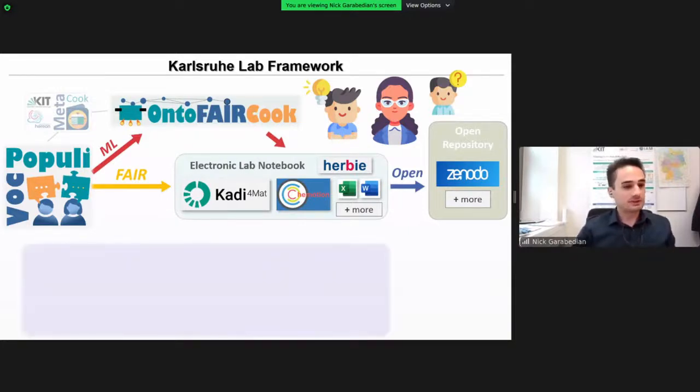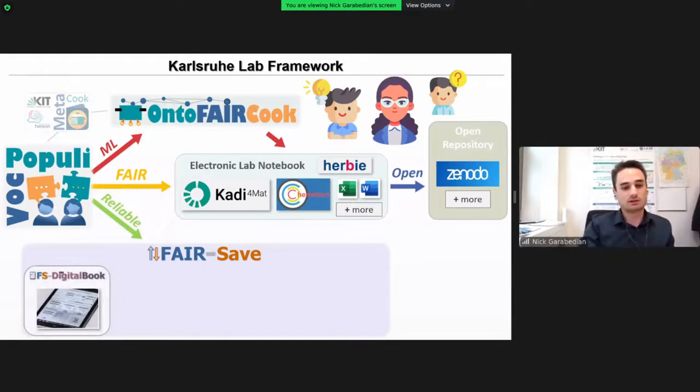The last point on this slide would be the so-called FAIR-Safe package of solutions, which we're also developing. These also feed from the vocabularies, and they basically make the whole process reliable by integrating with, say, the manual process in a tribology lab, like polishing a sample. Now having a vocabulary makes it very easy to construct an application called FS Digital Book, where you can make everything on the front panel of a tablet so that it's easy to use next to your grinding or polishing machine.